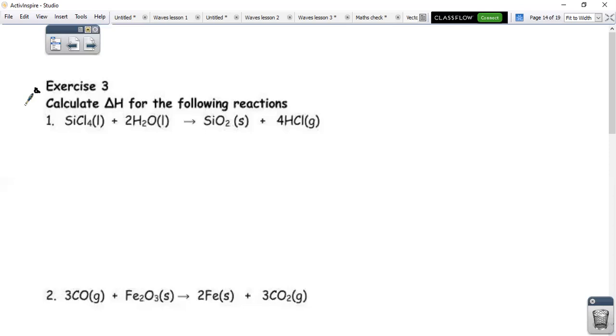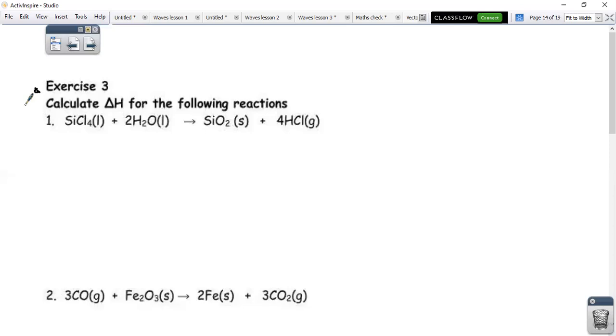For the first one, do I use the enthalpy of formation values? Yes, absolutely. I would strongly recommend that you use the enthalpy of formation values, because on your sheet you will have enthalpy of formation.